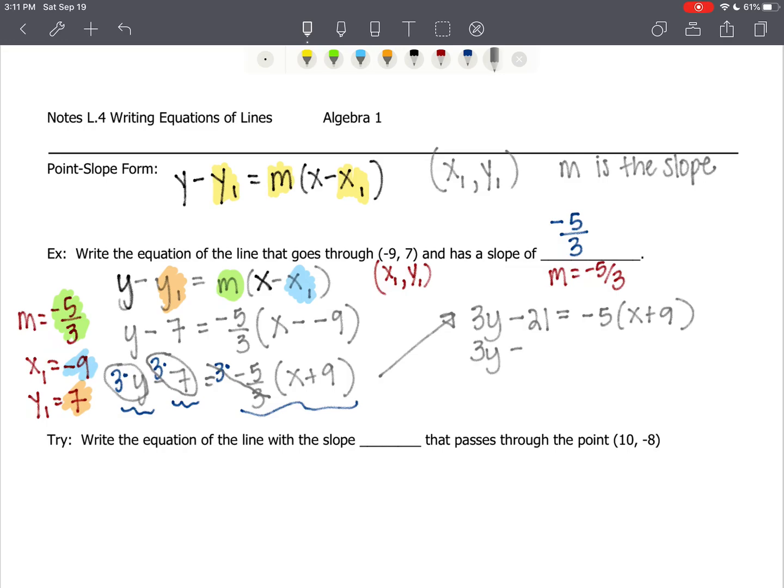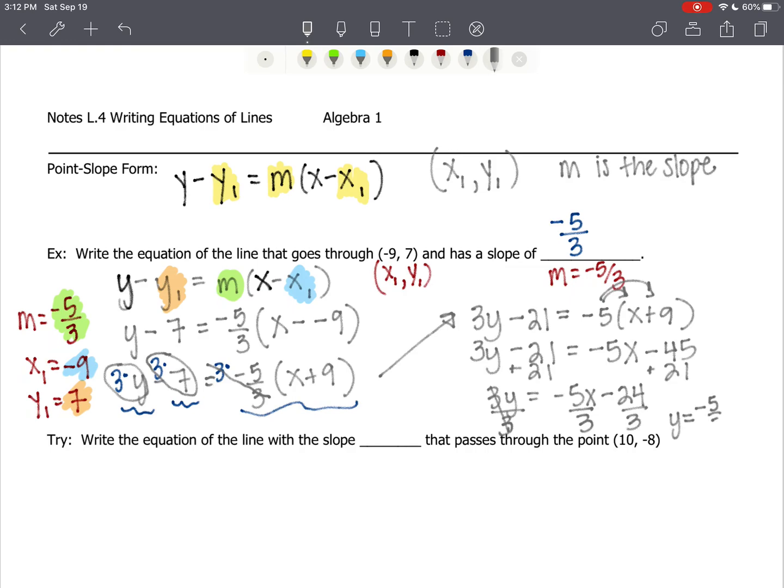I'm going to solve for y. 3y minus 21 equals -5x minus 45 by distributing that -5. I'm going to add 21 to both sides, and that gives me 3y equals -5x minus 24, and then I divide each term by 3, and our answer is y equals -5/3 x minus 8. I box it, and I'm done.